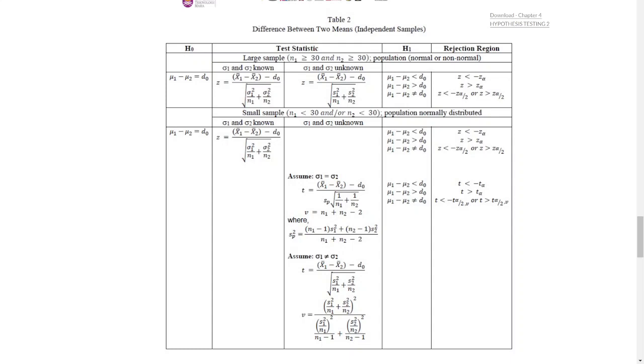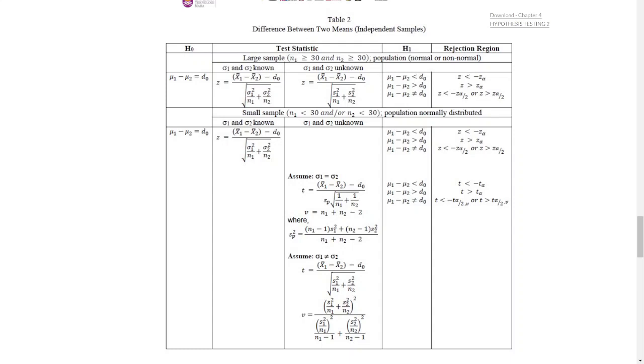Okay, so kalau salah satu sahaja melebihi 30, this is not applicable. It is only applicable where you have sigma 1 and sigma 2 unknown and N1 and N2 also greater than 30, whether the population is normally distributed or non-normally distributed. So for the case of sigma 1 and sigma 2 unknown with large sample sizes for both N1 and N2, you can still use the Z test to test your hypothesis.